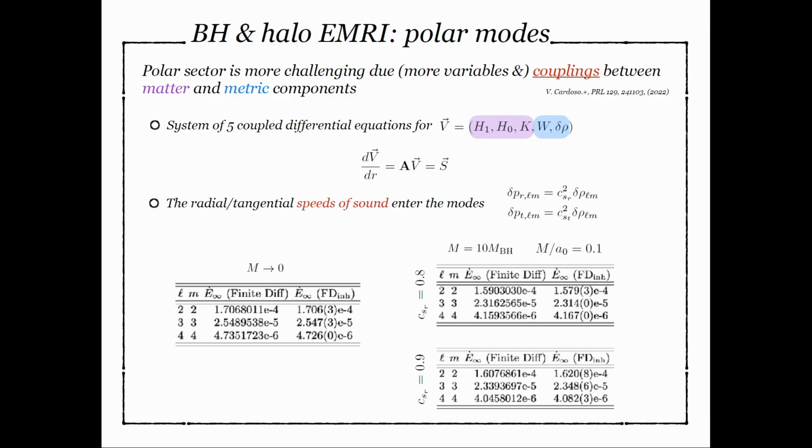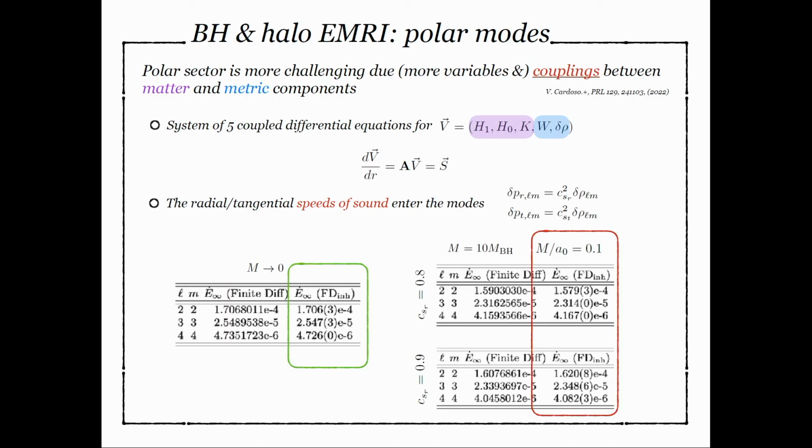Now you don't have any more a Zerilli-like equation, but you have to solve a system of 5 ODEs coupled together, sourced, and you also have more ingredients, because you have a pressure perturbation, both the radial and the tangential one, and you need an equation of state to connect them with the density perturbation, which takes into the game also the sound speeds of the medium.